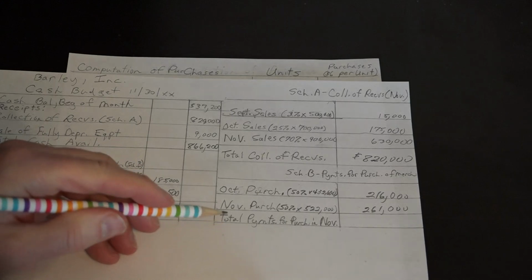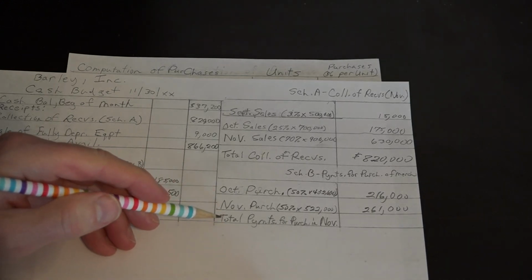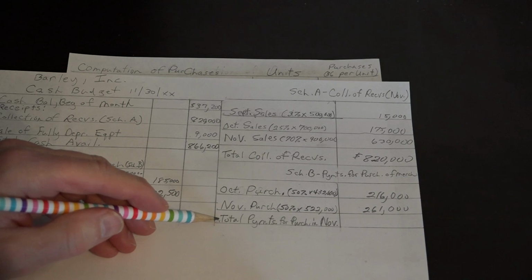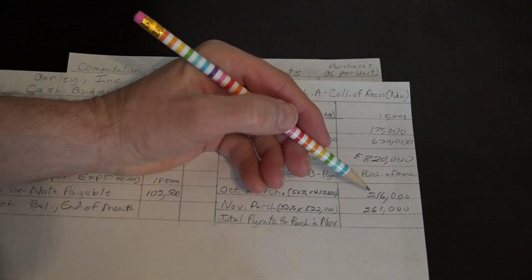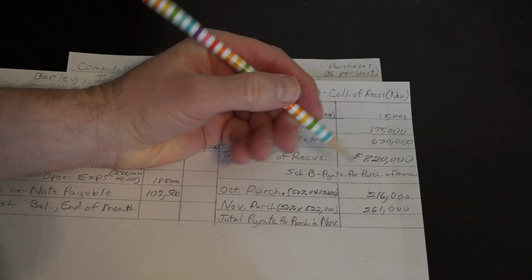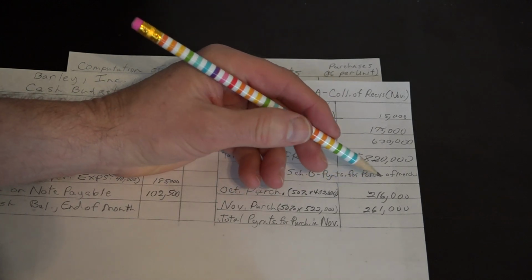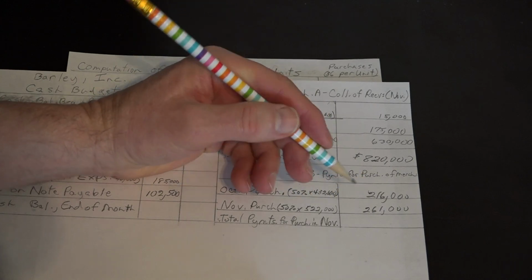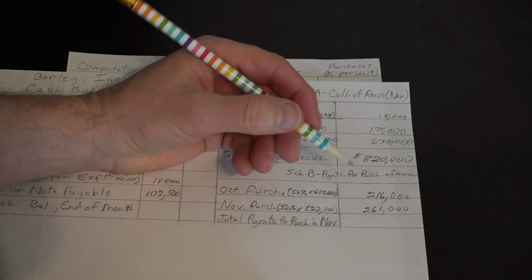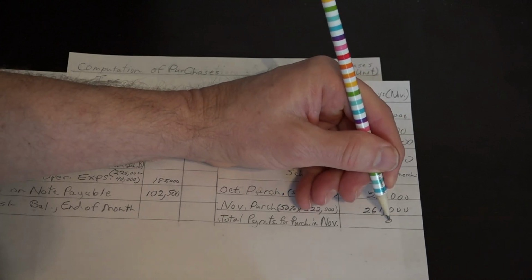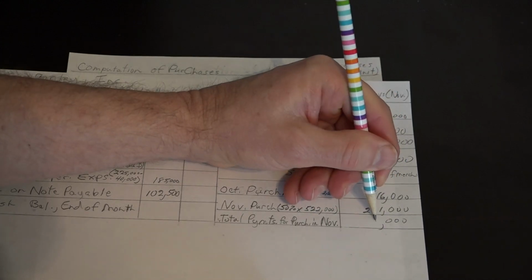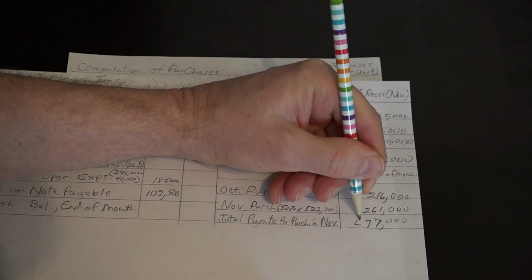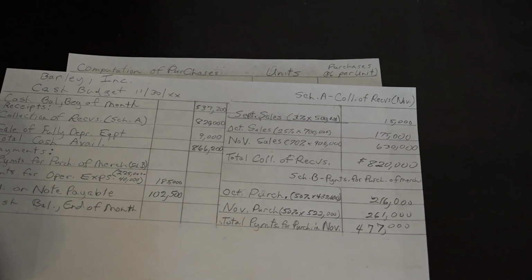And so the cash outflow total for purchases of merchandise in November is the sum of half of October purchases of 216,000, and half of November purchases of 261,000. So $477,000 total.